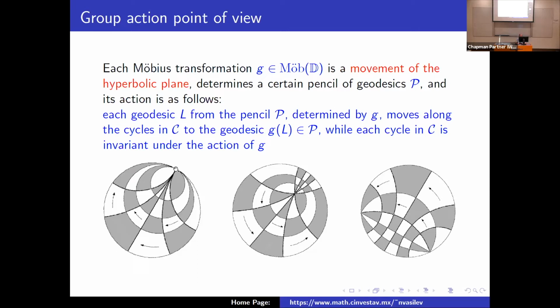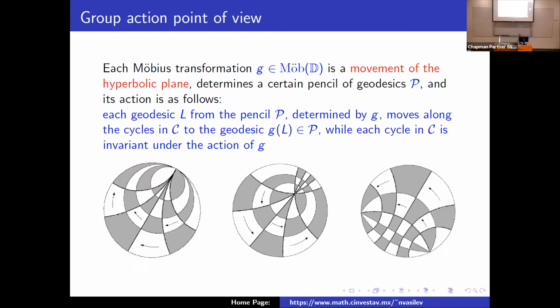Such a Möbius transformation moves any geodesic from this pencil to another geodesic. If you generate a one-parameter group from the Möbius transformation in any of these three cases and start with any geodesic, it recovers all geodesics from the pencil.